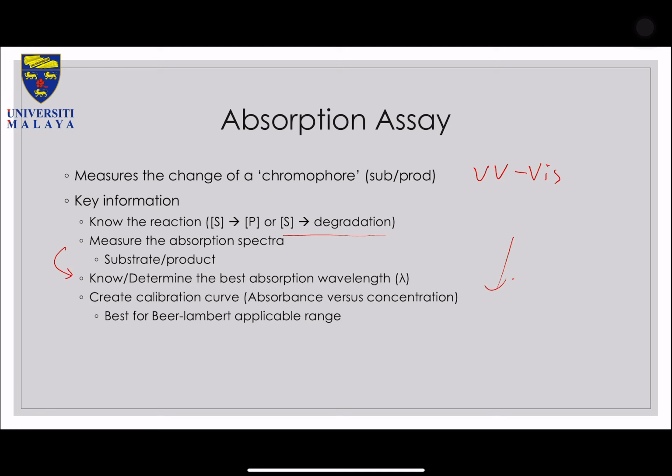So what do I mean by that? When you learn about UV spectrometer, I'm sure you learned that each molecule normally will have its own absorption spectra. We'll go into that in more detail. So now I will just talk about it. Each molecule has its own absorption spectra.